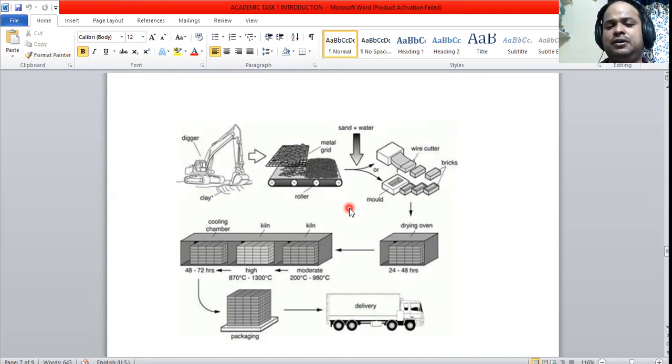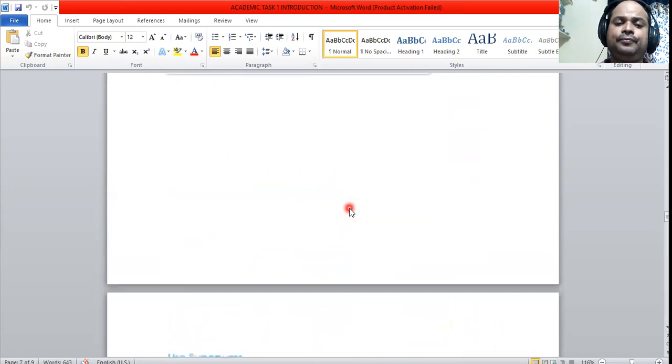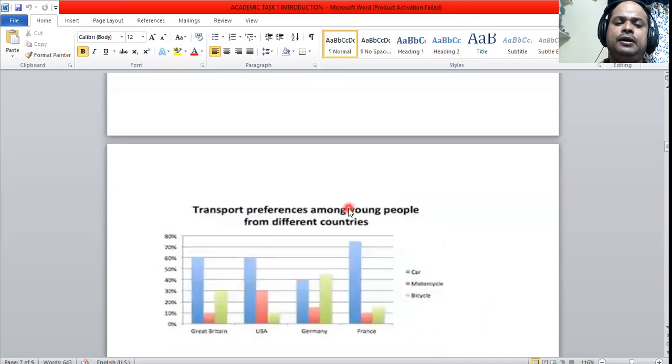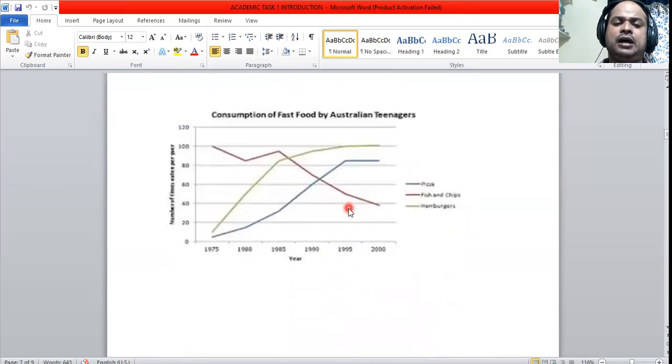So first, we will be moving ahead with each type. Number 1 is the line graph. In the line graph, first we get a line graph. You just see everywhere what exactly it is. We have a title here, consumption of fast food by Australian teenagers.